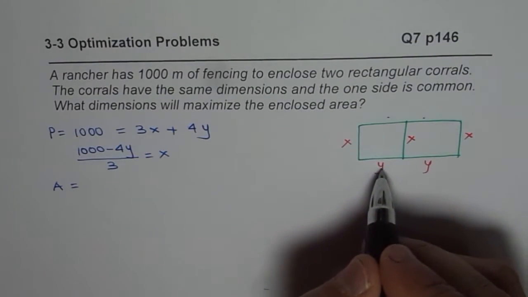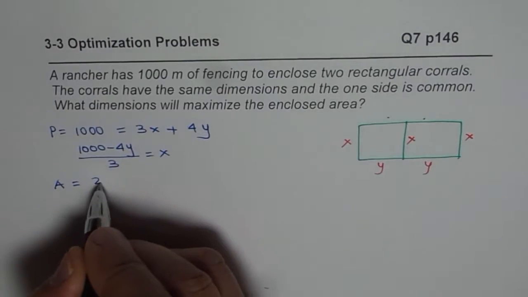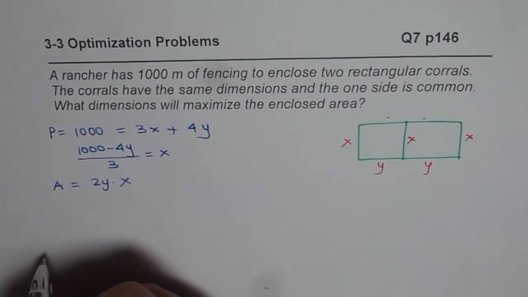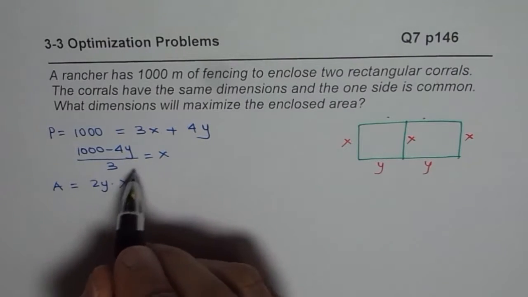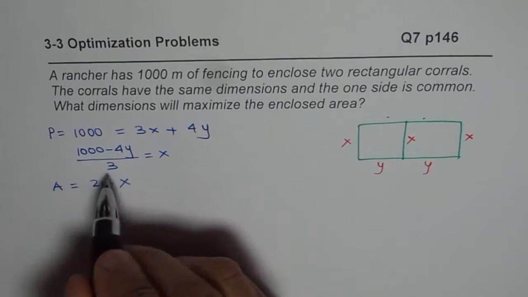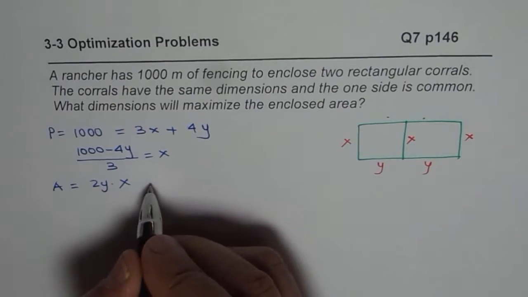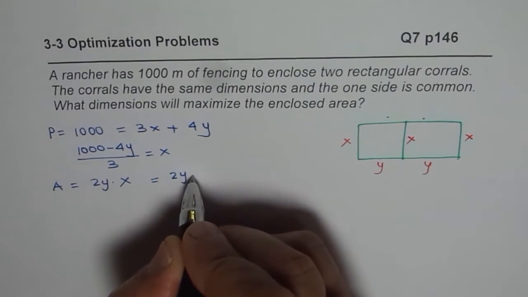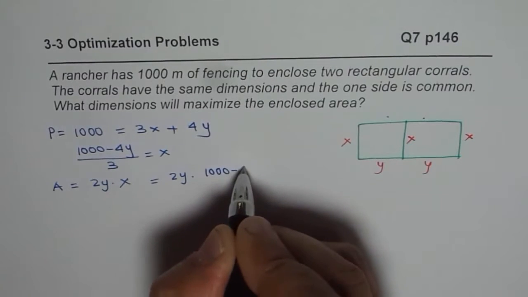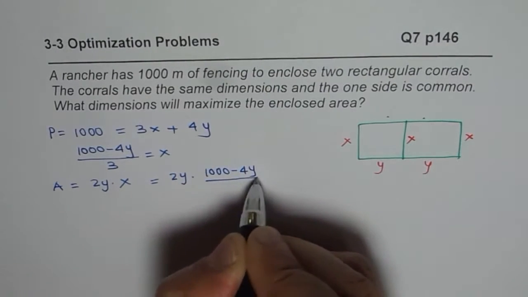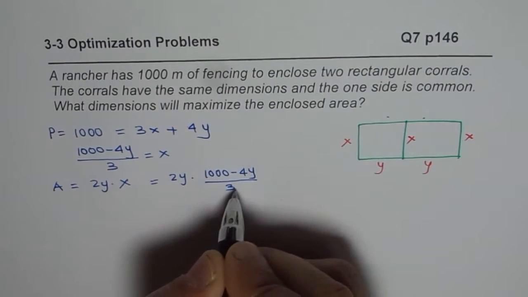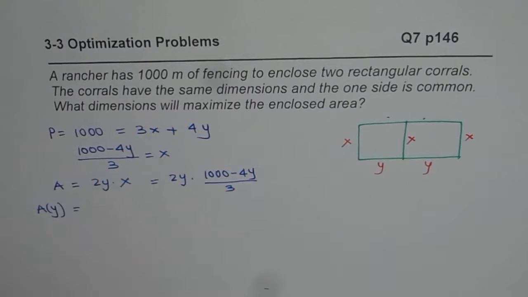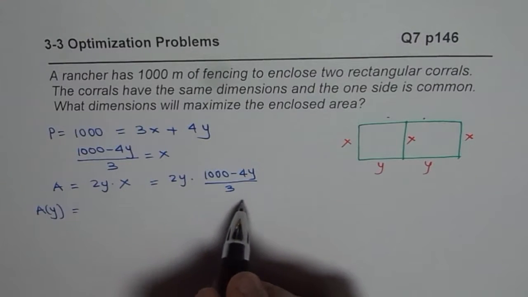Now length for us is 2y and width is x for us, so 2y times x. Instead of x, we'll write this expression which we got in y. So we can now write this as 2y times (1000 minus 4y) over 3, right? So we got one expression in y, the area in terms of y, one particular dimension.